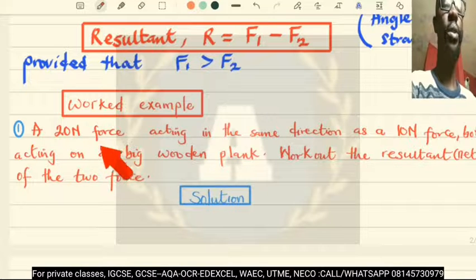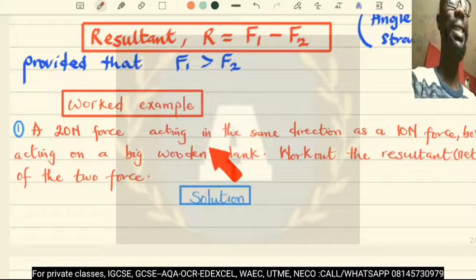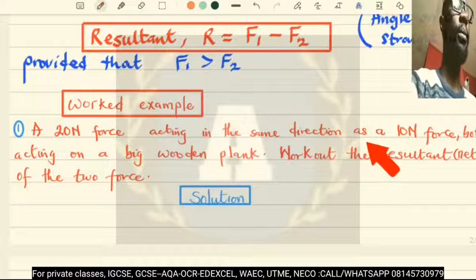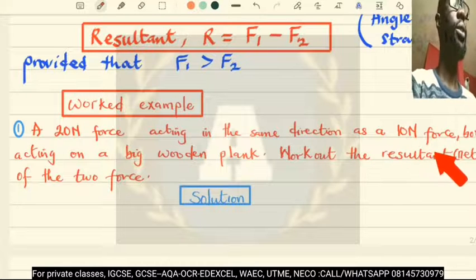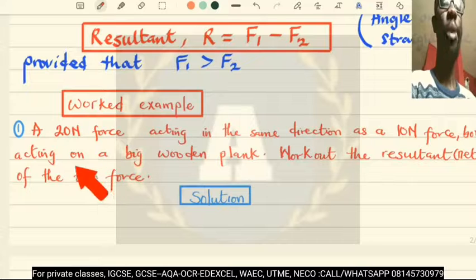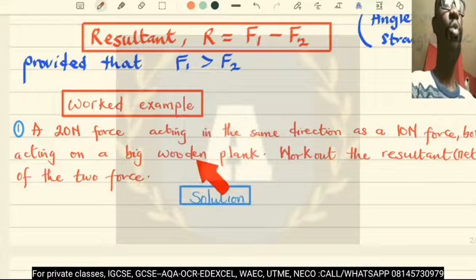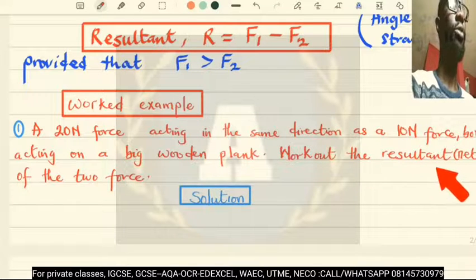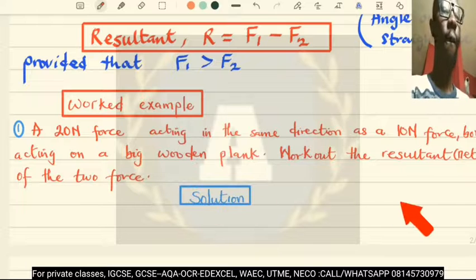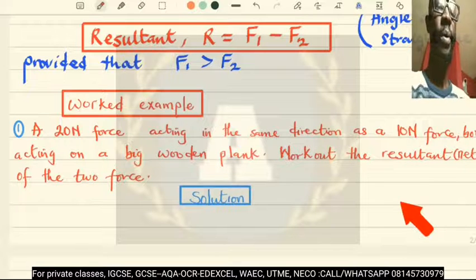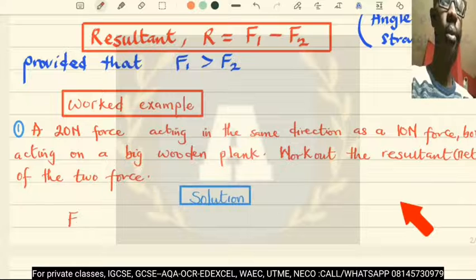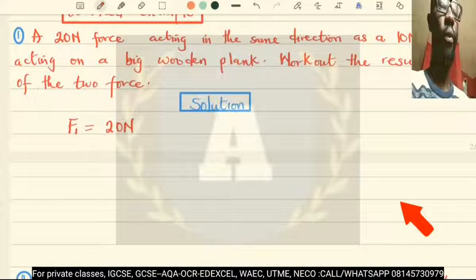Say a 20 Newton force is acting in the same direction as a 10 Newton force, both acting on a big wooden plank. Work out the resultant of the two forces. So F1, the first force, is 20 Newton, which is the first vector.